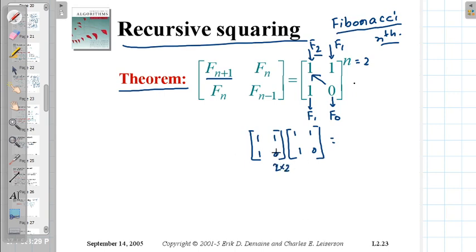A 2 by 2 matrix, this guy, and this guy is also 2 by 2. So what will be the dimension here? Can anybody tell the dimension of this matrix? 2 by 2. Now can you tell me what could be the number here?